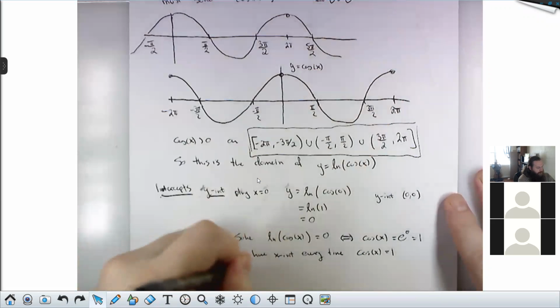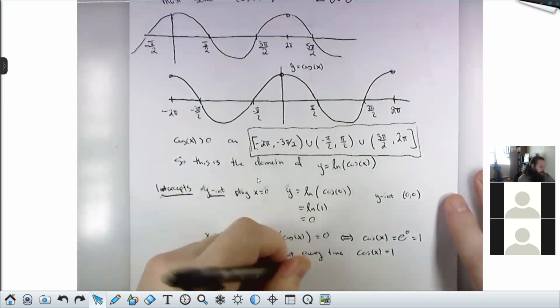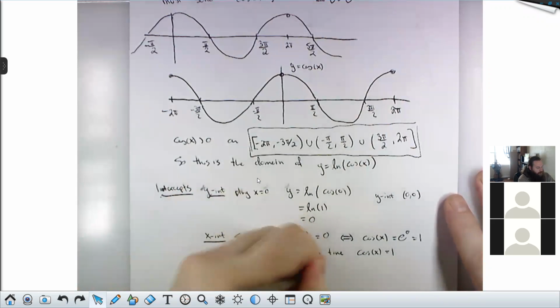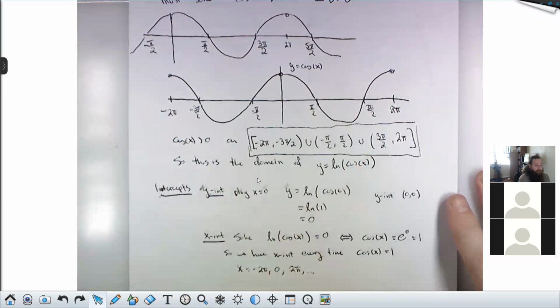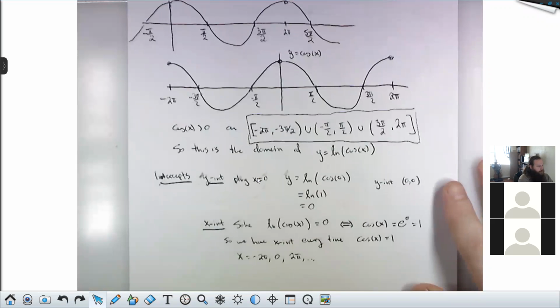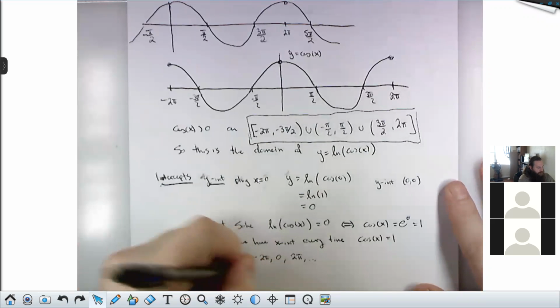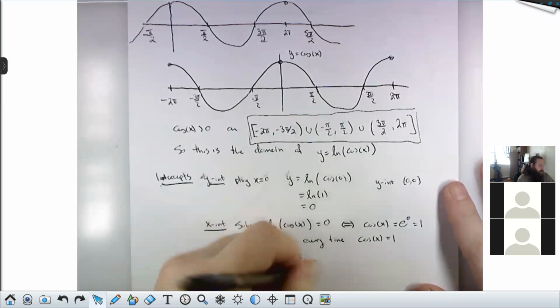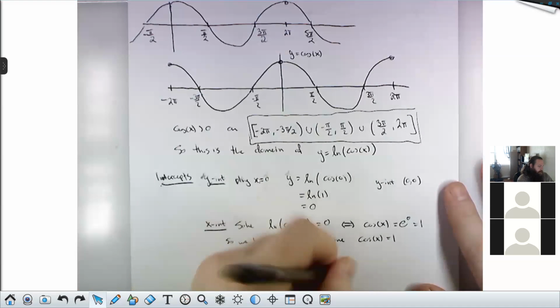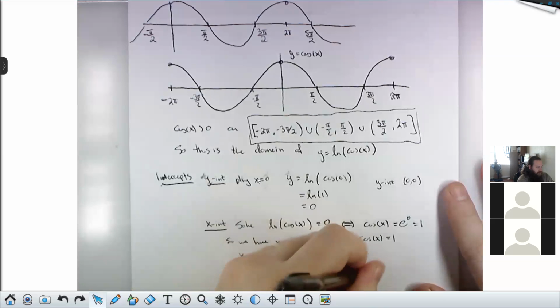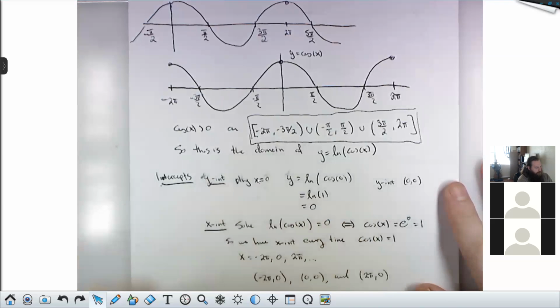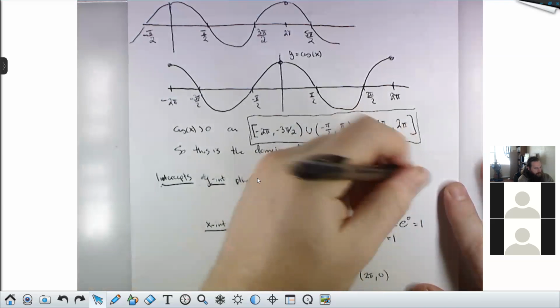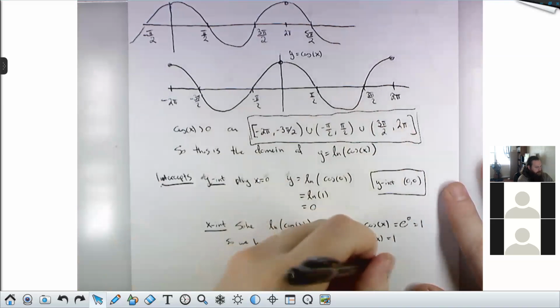So these would be at x equals negative 2 pi, 0, 2 pi, and in general, any even multiple of pi. So I'll track these 3 x-intercepts: (negative 2 pi, 0), (0, 0), and (2 pi, 0). So there's a y-intercept and our x-intercepts.